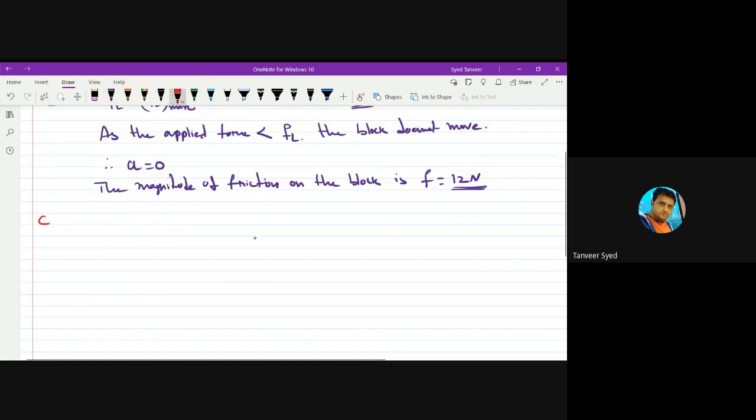Next. Coefficient of friction 0.5. Block of mass 10 kg.